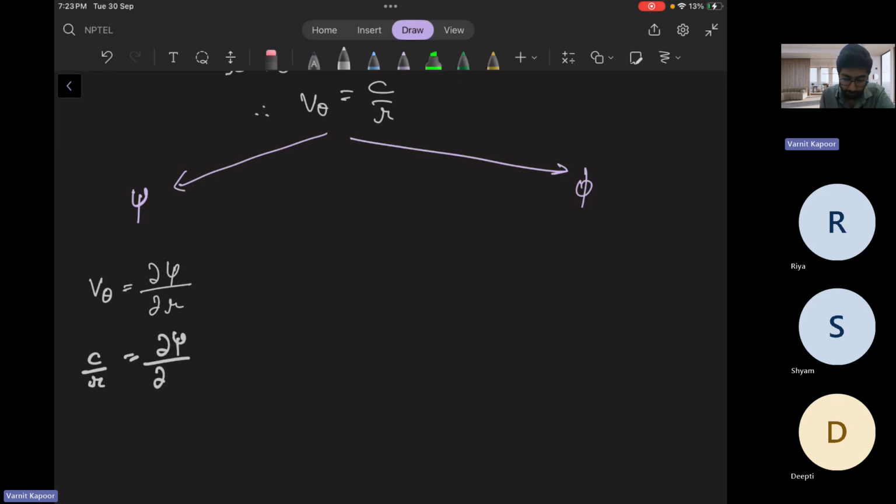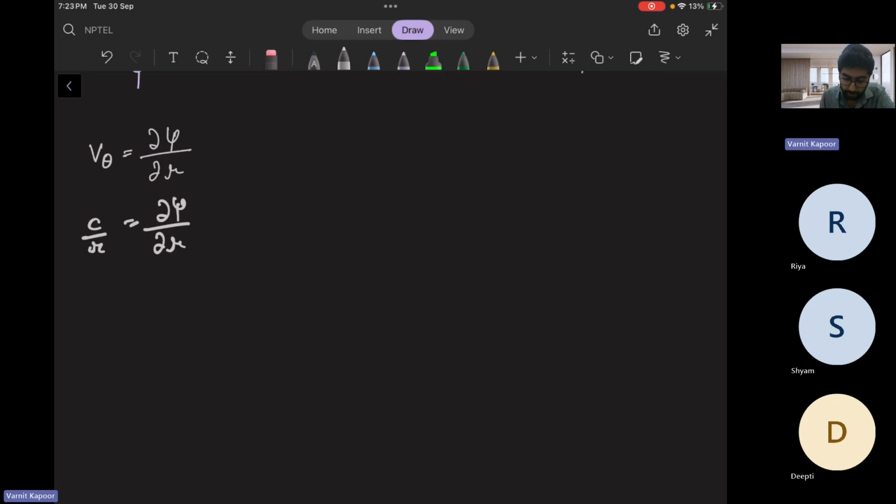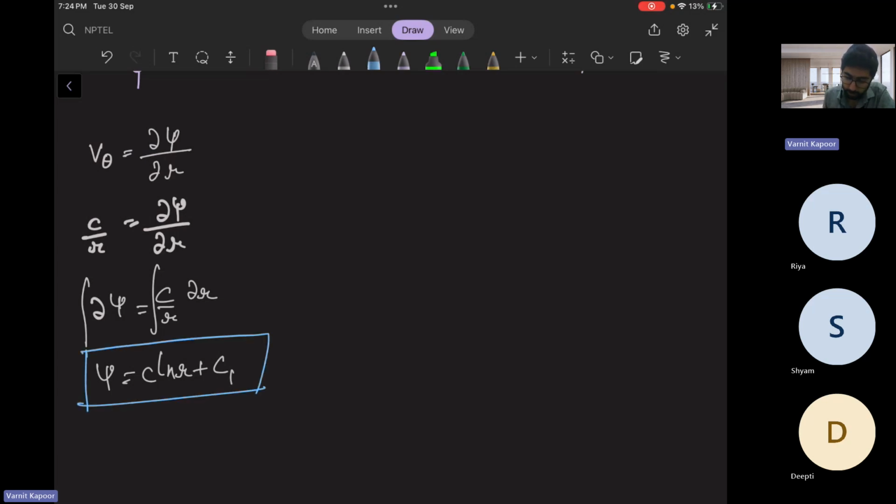Just do the integration: dou psi is equal to C dou r by r integrated. So psi comes out to be C ln r plus some constant C1. This is your expression.